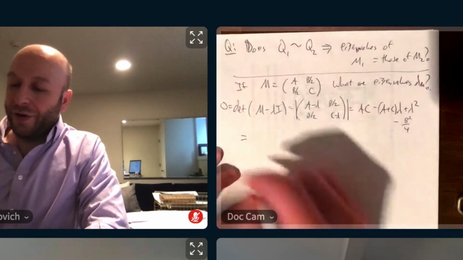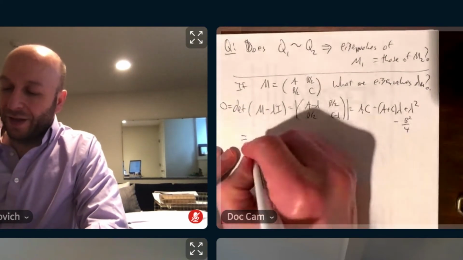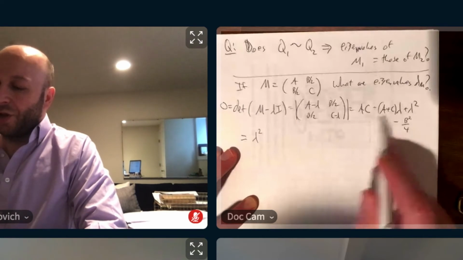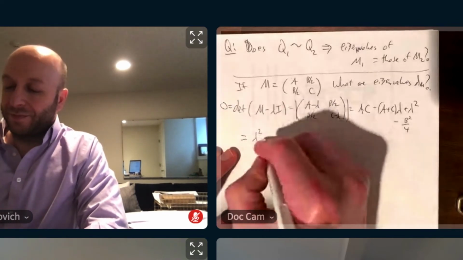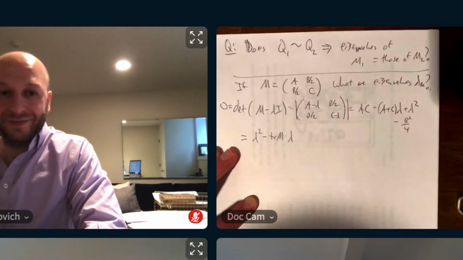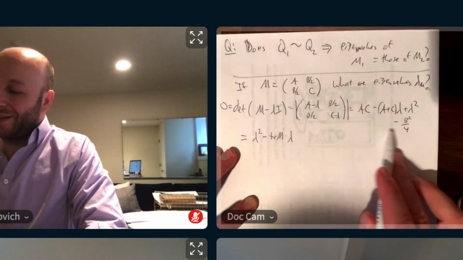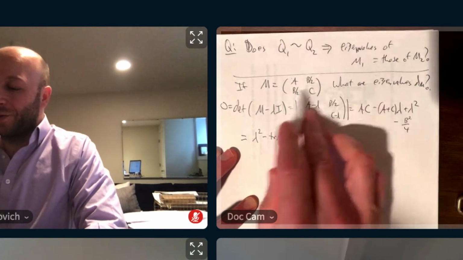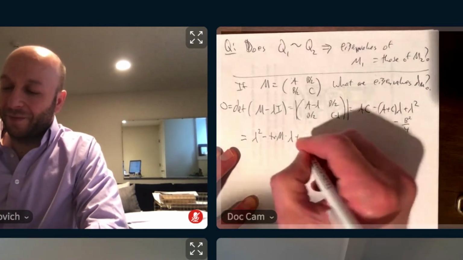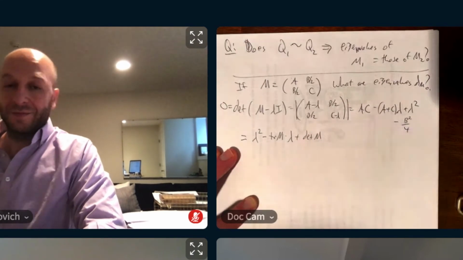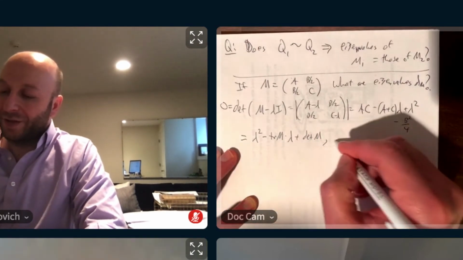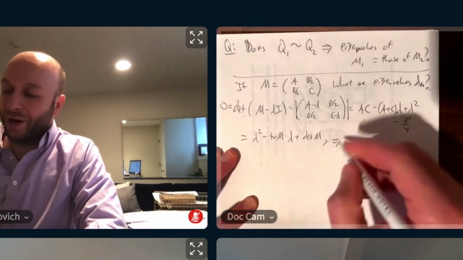So the thing to notice is that I get a lambda squared, and I get minus the trace of M times lambda, and AC minus b squared over 4 is the determinant of M. So plus the determinant of M equals 0, and now I can apply the quadratic formula.